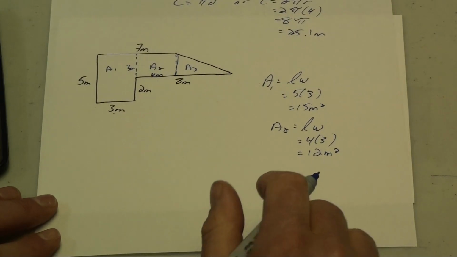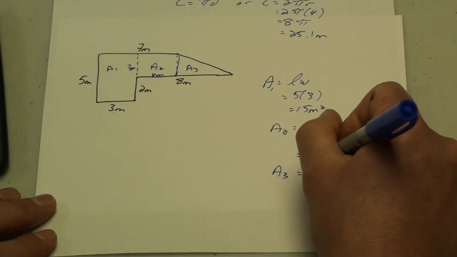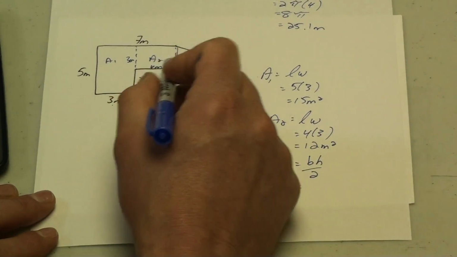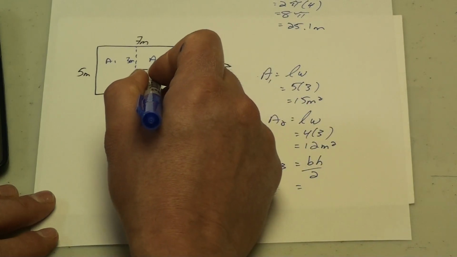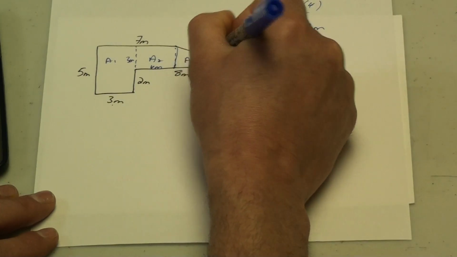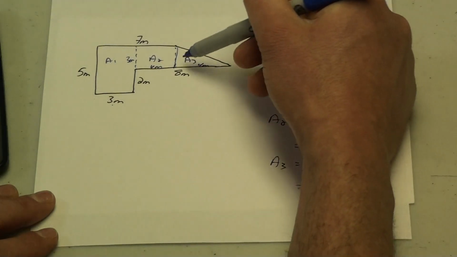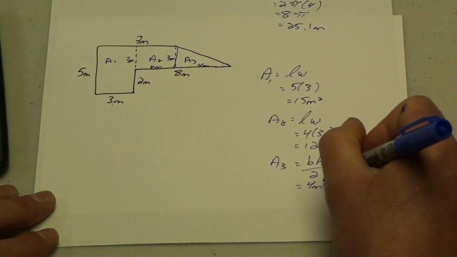And then I need to do the third area, which is the triangle, which would be base times height divided by 2. My base. So I have 8 meters that went all the way across. I had 4 meters that went that far, which means I had another 4 meters to go. Base is 4 meters. My height. The height is 3 meters, and that's the same amount, so my height is also 3 meters.